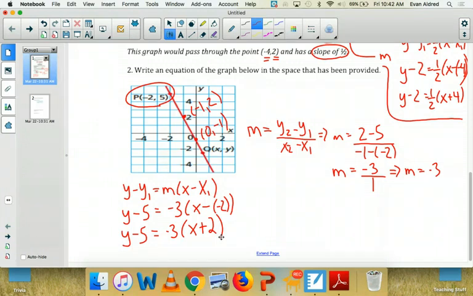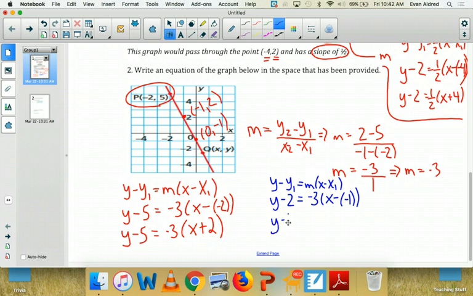And now, I just want to look at something else. Let's say that that was the one I had chosen, but you chose to use negative 1 comma 2. So your equation, which I'll do in blue, would work out like this. It would be y minus 2 equals negative 3 x minus minus 1.